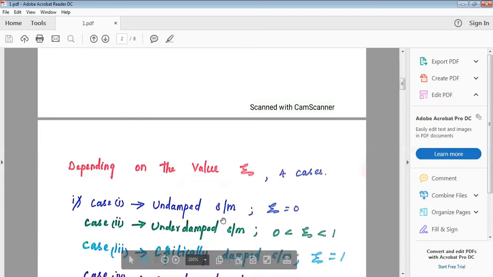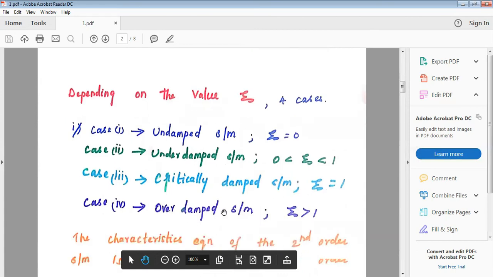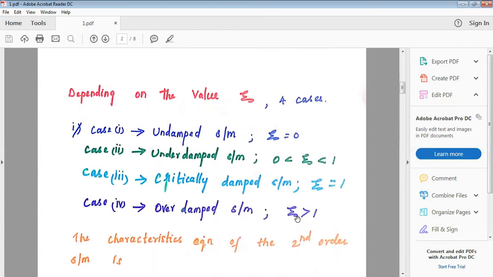Case 2 underdamped system, here the value of theta is 0 less than theta less than 1. Case 3 critically damped system, theta is equal to 1, and case 4 overdamped system, theta is greater than 1. We all know theta is to reduce the oscillation or prevent the oscillation, right?